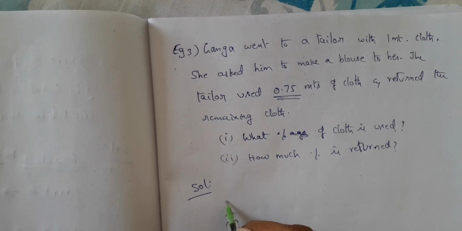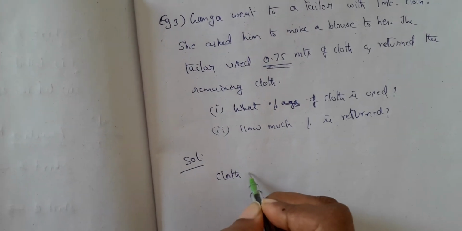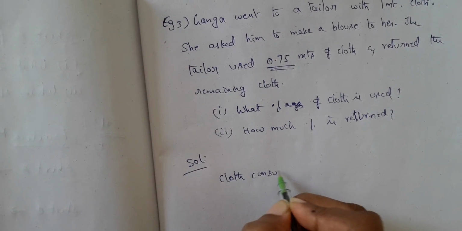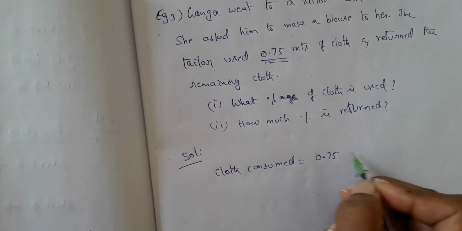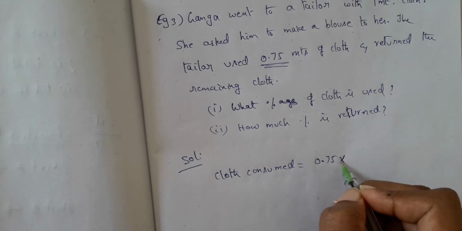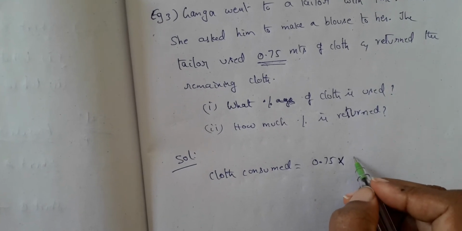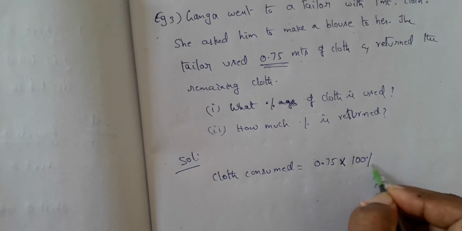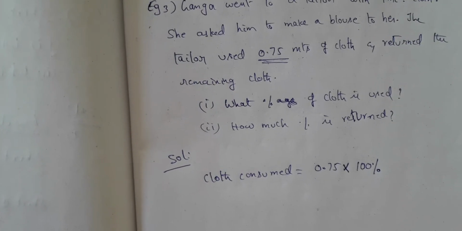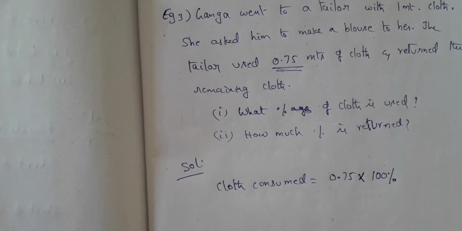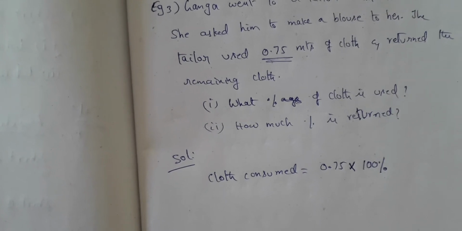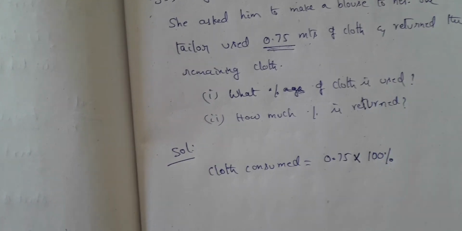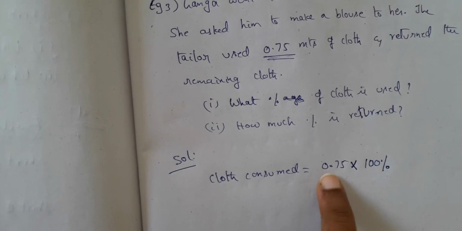Cloth consumed is equal to 0.75 of how much cloth? 100% cloth, the complete cloth. It may be 1 meter, 2 meters, 5 meters, 6 meters, whatever it is, it is 100% cloth. Out of the total cloth, only this much is used.